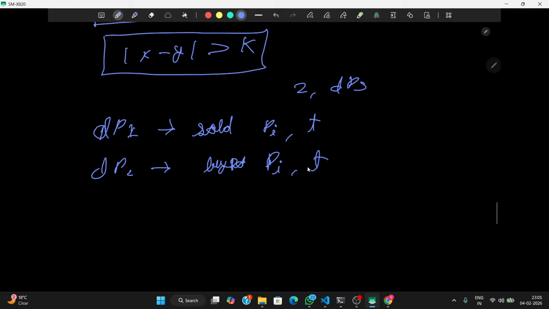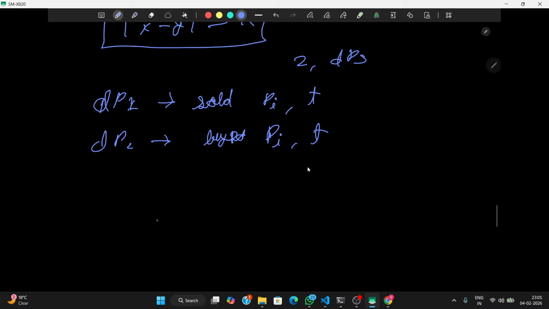Now, for the transitions of these two DPs, when we go to some element I, let's say we have iterated till I minus 1. Now we went to this index I where the price is Pi.